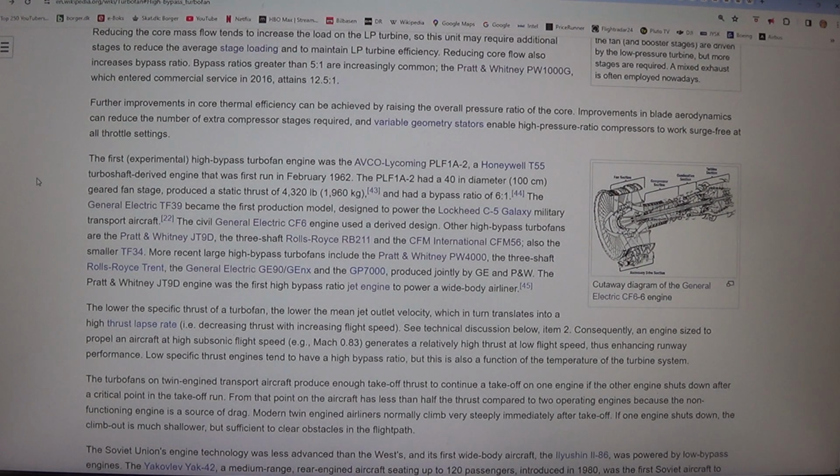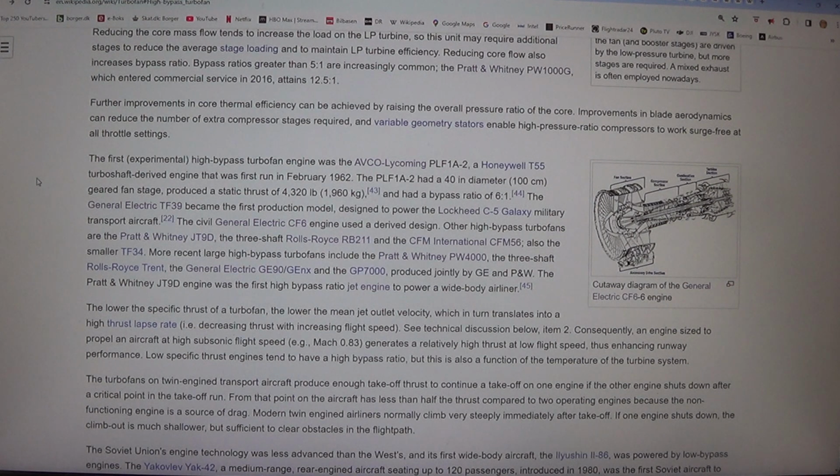More recent large high-bypass turbofans include the Pratt & Whitney PW4000, the three-shaft Rolls-Royce Trent, the General Electric GE90/GEnx and the GP7000, produced jointly by GE and P&W. The Pratt & Whitney JT9D engine was the first high bypass ratio jet engine to power a wide-body airliner.